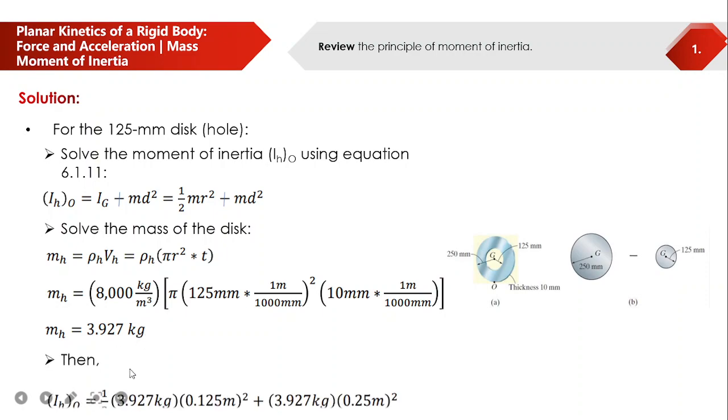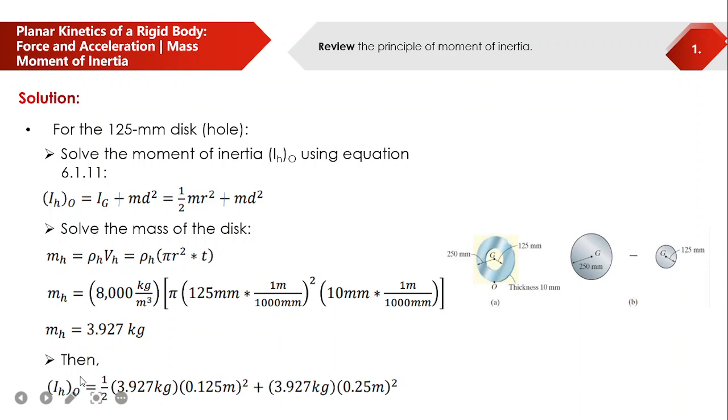Then solving for the moment of inertia is equals to 1 over 2 times 3.927 kilograms times 0.125 meters squared. I-square mo doon, tas add mo yung 3.927 kilogram times 0.25 meters squared. So, baka nagtataka kayo dito is bakit 0.25 dito tas 0.125, sir? Bakit 0.125 dito is 0.25 meters?